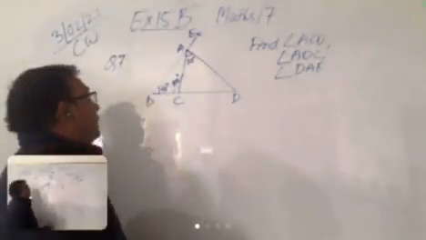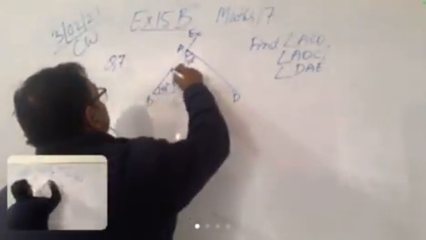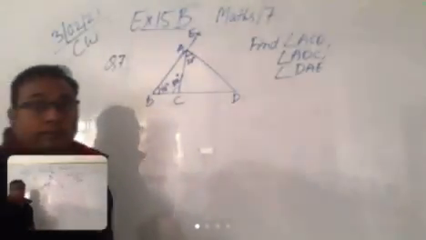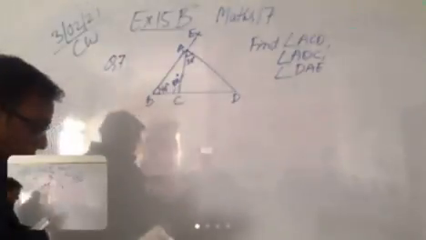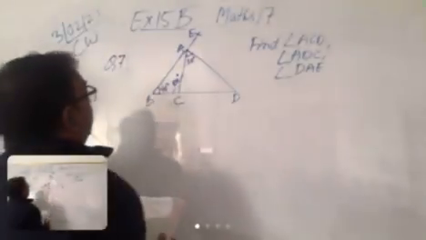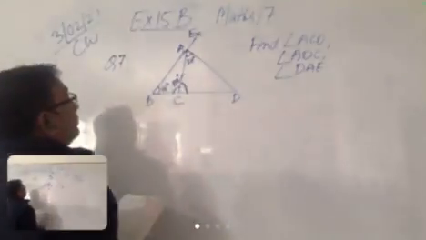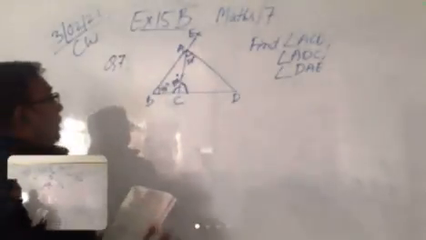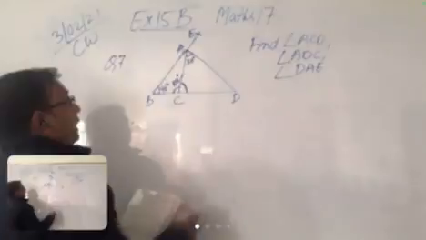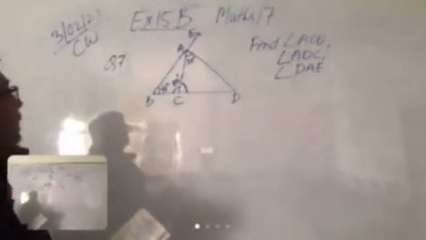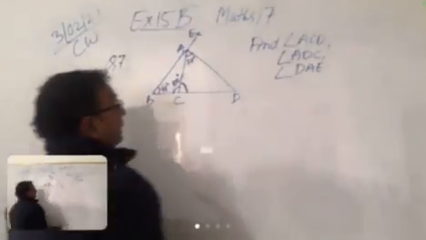Okay, and if anyone has any doubt, please check the figure in your book. Now ACD, A, C, and D. So for ACD, first we have to find angle BAC.